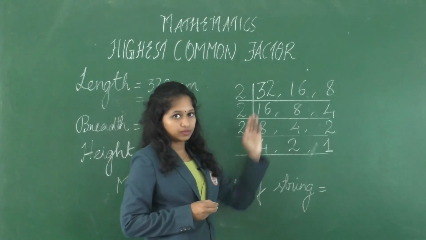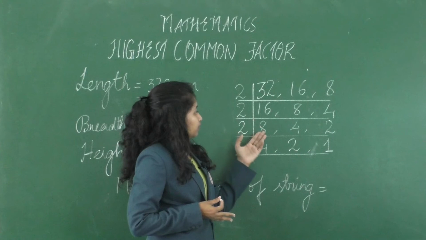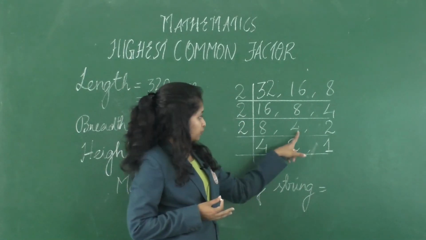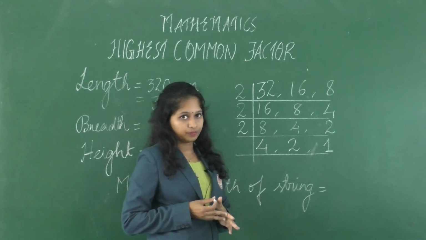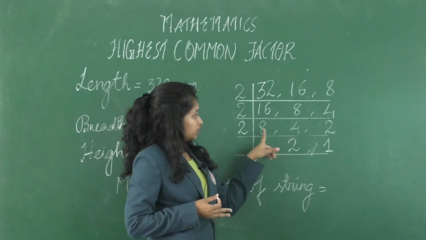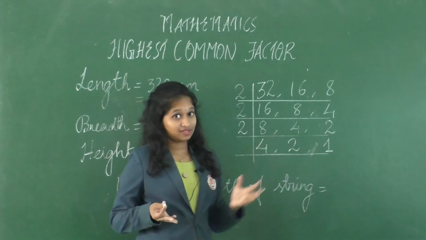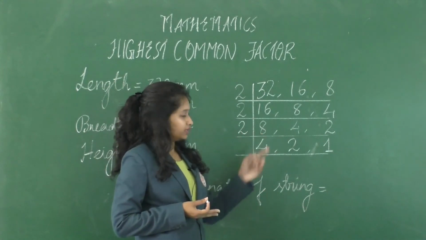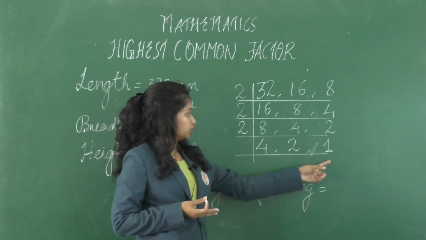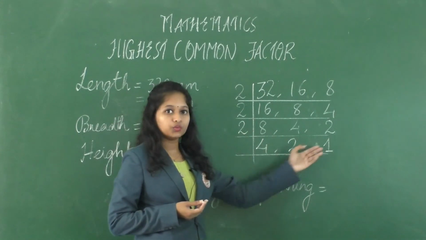Again these three numbers are divisible by 2. 8 2s are 16, 4 2s are 8, 2 2s are 4. Now see, is any number dividing these three? Yes, it's divisible by 2. 4 2s are 8, 2 2s are 4, 1 2 is 2. Now we got 4, 2 and 1.